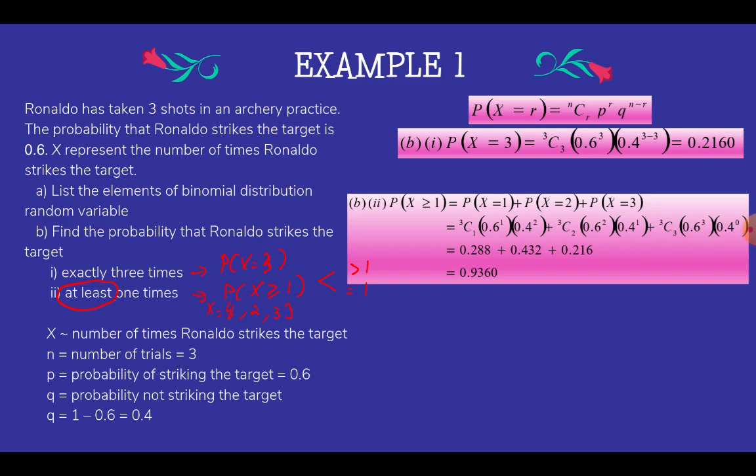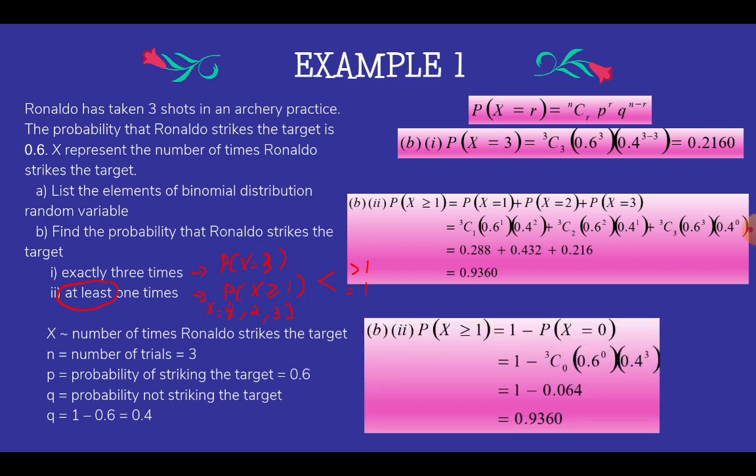Instead of this type of solution, I can also make it P(X ≥ 1) equals 1 minus P(X = 0), because X equals 0 is not included in X greater than or equal to 1.